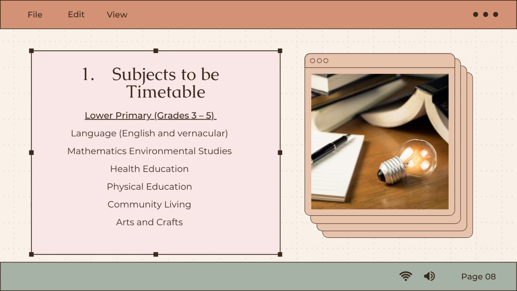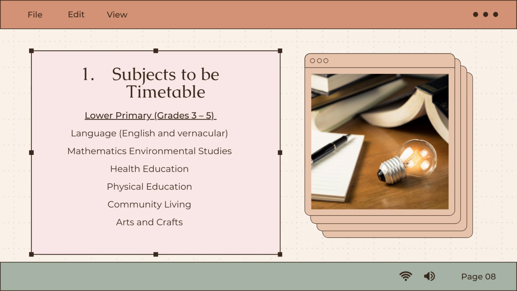So in timetabling, the subjects sa muna siya ang common nga gina-timetable sa multi-grade classroom, especially sa lower primary from grades 3 to 5: the language, mathematics, health education, physical education, community living, arts and crafts.